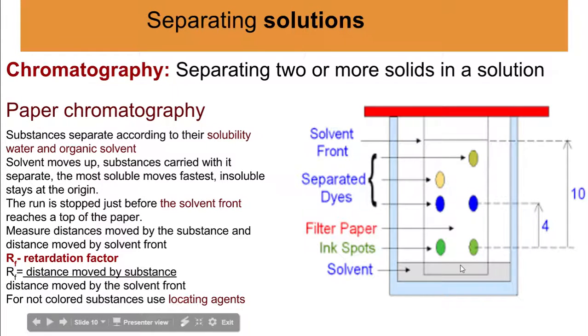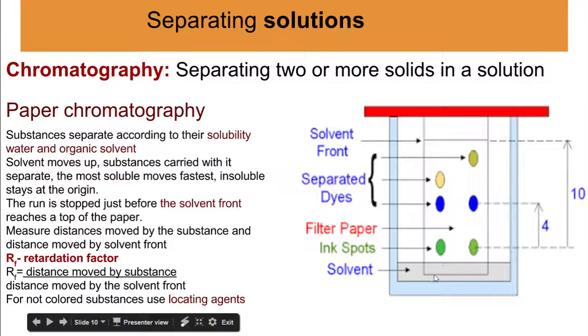Solvent moves up. In a beaker, we put a centimeter of solvent. Here is the chromatography paper or filter paper, and 2 centimeters from the bottom, we put a line. It's a pencil, not pen, because pen is going to interfere. And we put the ink spots that we are going to test.